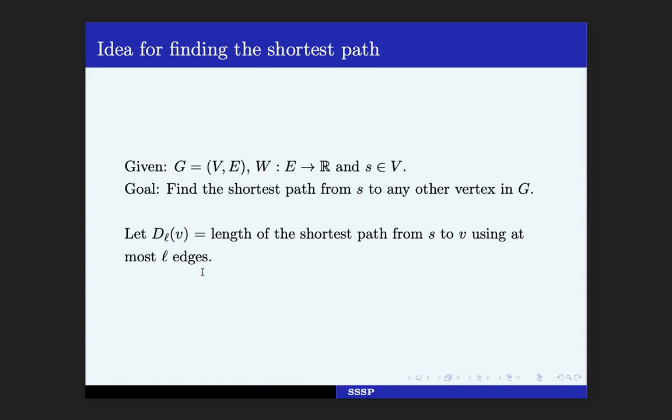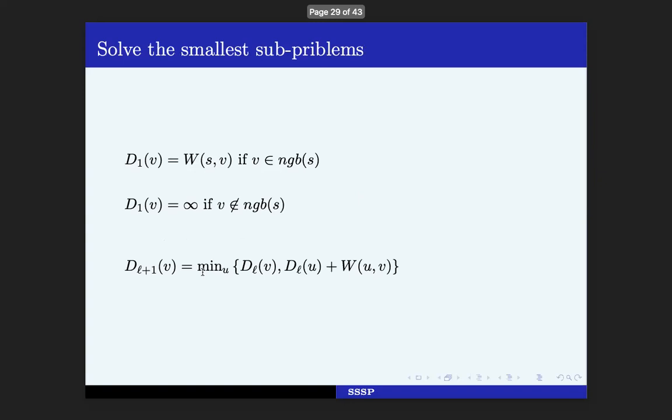And the main idea again is exactly what we said: if you have D_L(V) for all the other vertices, then I would be able to get an answer for D_{L+1}(V) from those. Okay. So to start with, of course, what is D_1(V)?